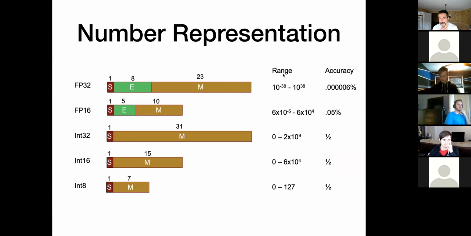Because we are talking about the computer, and in mathematics, in an abstract way, when you have a number, you're talking about absolute precision, right? But when it comes to representing these actual numbers in a computer, you don't have that absolute precision that you get in mathematics. So you get some accuracy.